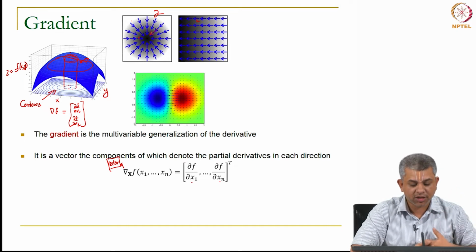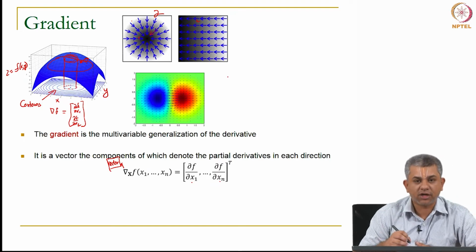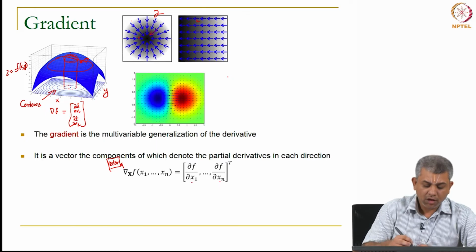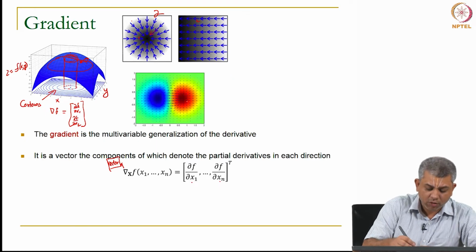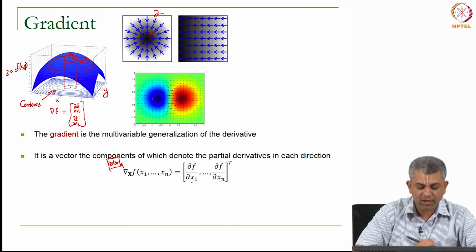Okay. So, the change is the highest in the direction of the gradient. In this case, for example, the change is the sharpest in the horizontal direction. This of course is color coded now. Red means high, blue means low. So, this is just simply color coded, but it is the same idea.